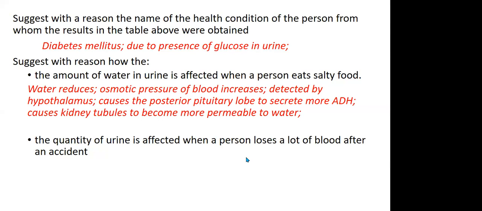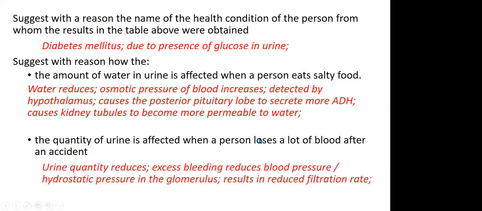Okay, this is what I had to say. The urine quantity reduces because excess bleeding will reduce the blood pressure. So when the blood pressure goes down, it means that in the glomerulus, there will be less hydrostatic pressure, and therefore there will be a lower filtration rate.